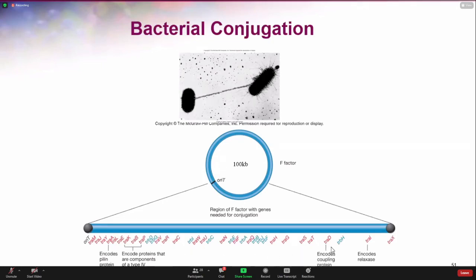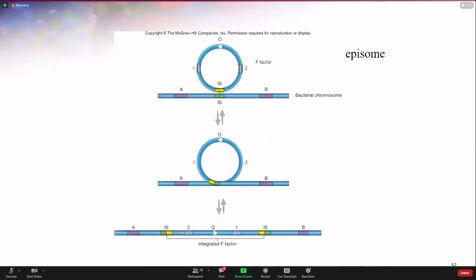There are other proteins that help with, again, transferring the DNA, as we're going to look at on the next slide. So as I was mentioning earlier, this F factor can either exist as an individual plasmid, or it can insert itself by recombination into the bacterial genome. So here initially you're seeing the bacterial chromosome, here you're seeing the F factor.